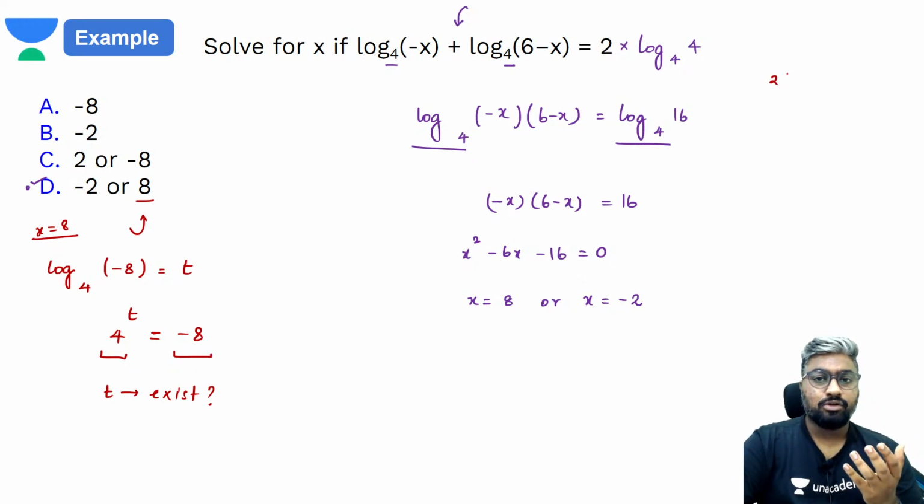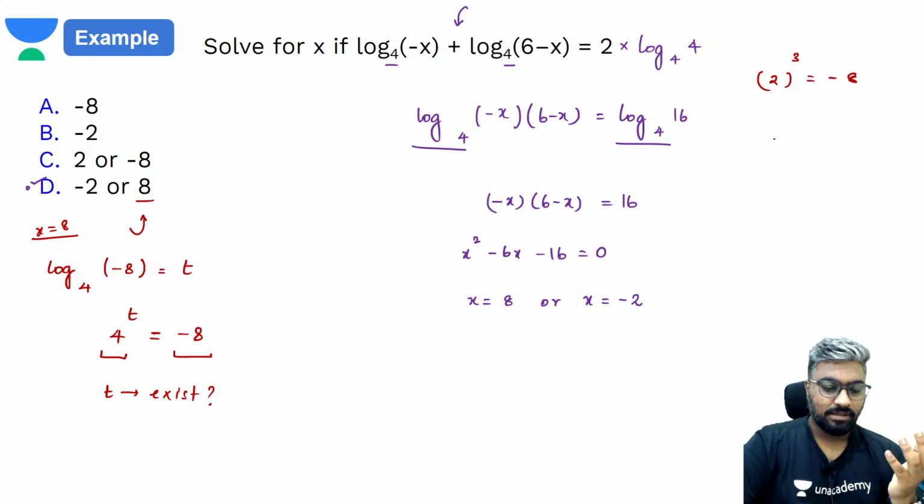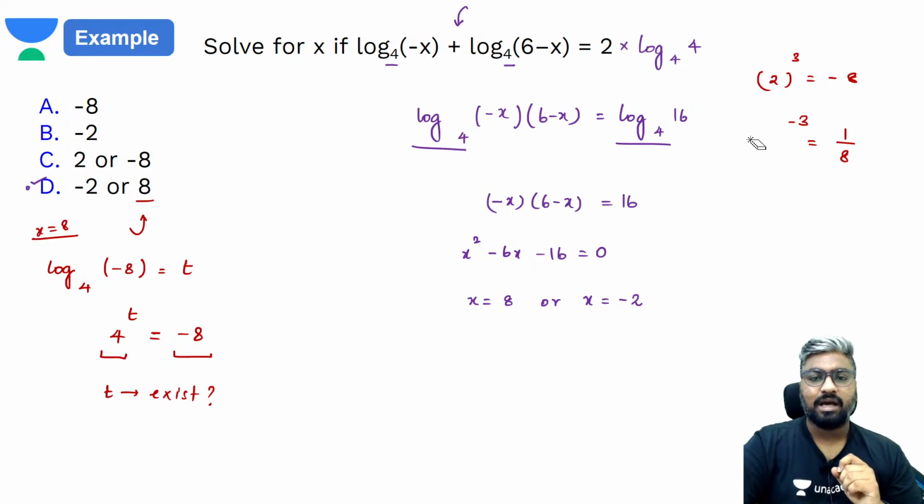Can we say 2 to the power 3 is minus 8? Is that correct? No. If you raise it to minus 3, what happens? 2 to the power minus 3 will be 1 by 8, not minus 8. For no value of the power will it happen, right? So this doesn't exist.